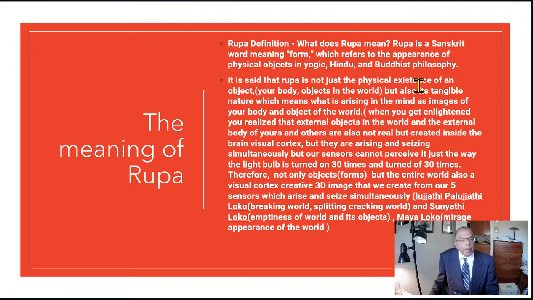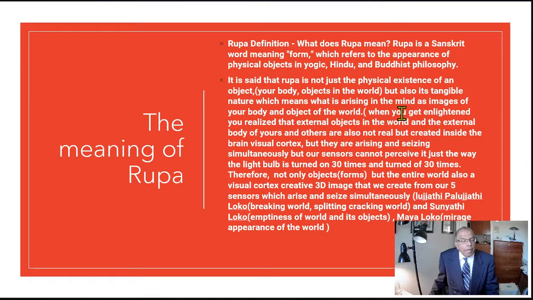It is said that rupa is not just the physical existence of an object like your body or objects in the world, but also the tangible nature which arises in the mind as an image of your body or the objects of the world, in the brain, which is just a tangible visual object, hearing object.